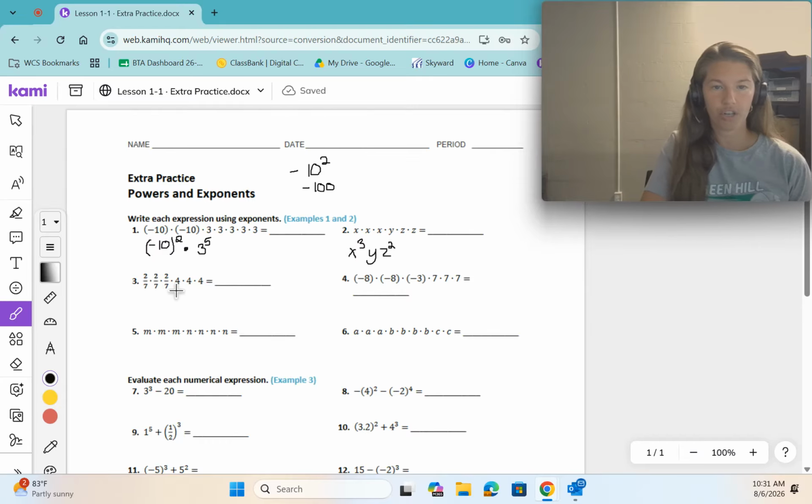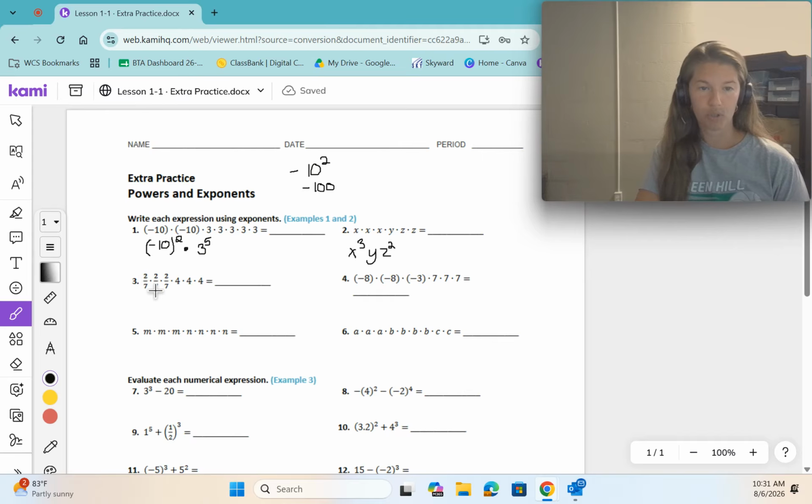And then the last one we're going to do together is 2 sevenths times 2 sevenths times 2 sevenths, and then 4 times itself 3 times. So we have 2 sevenths. Again, we're going to use parentheses, because my base is the whole fraction, and it's multiplied by itself 3 times.